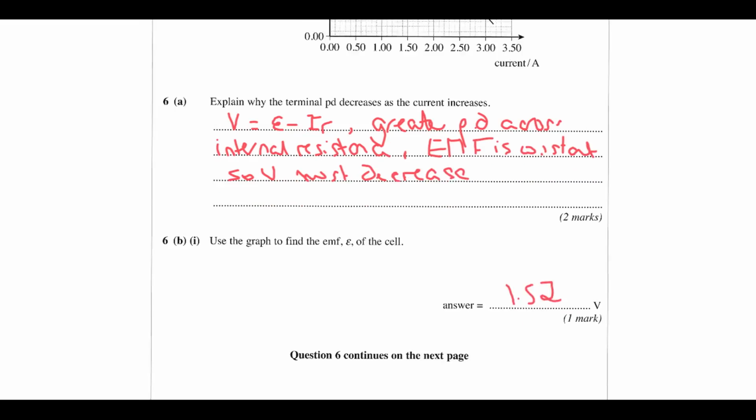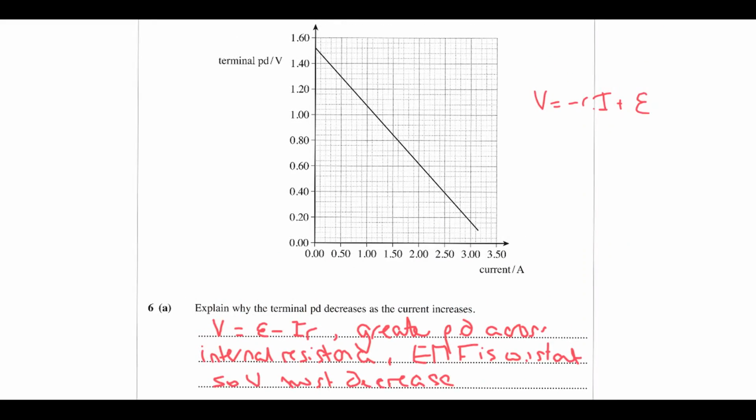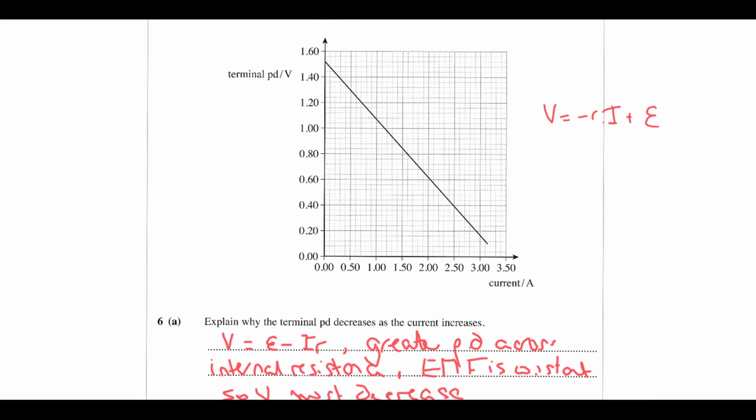And I'm guessing on the next page it's going to ask us to work out what the gradient is. So let's do that now. So I'm going to use the 1.52 and 0 as 1 point. Let's use this one over here, 0.40, 2.50.